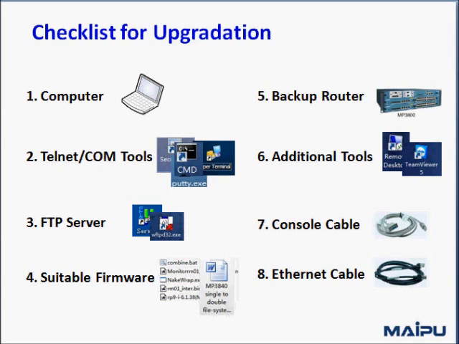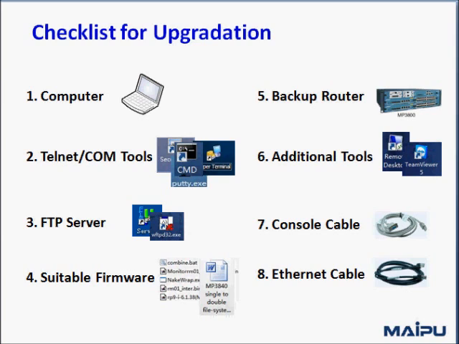You need some telnet tools like HyperTerminal, SecureCRT, PuTTY, or any COM tools you are comfortable with. You also need FTP and TFTP software. Here I have shown FTP software. You need suitable firmware, which I will explain in detail.